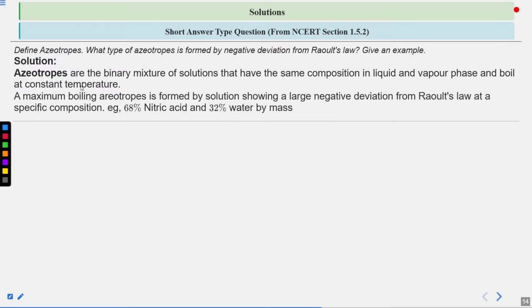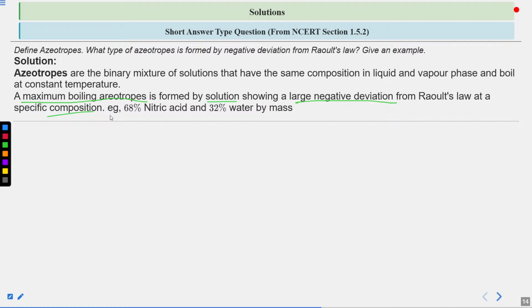Now, a maximum boiling azeotrope is formed by a solution showing a large negative deviation from Raoult's law at a specific composition. As expected from Raoult's law, this solution will show a large negative deviation at a specific composition.